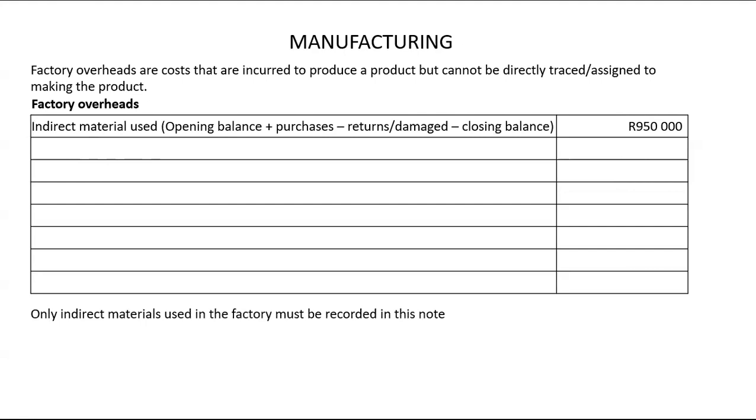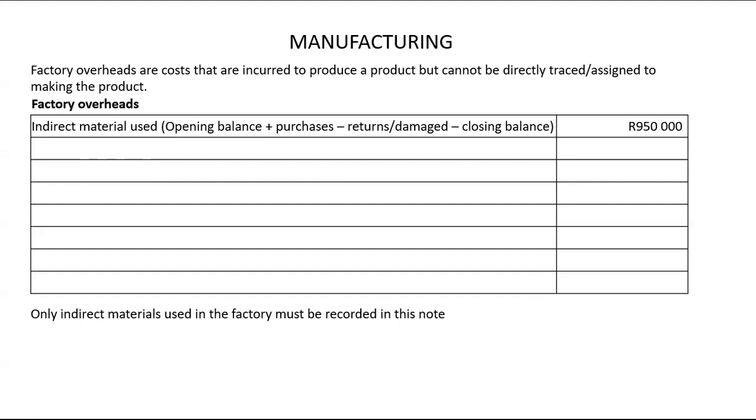Here we're only focusing on indirect material, things like your cleaning material that we use. If you're manufacturing furniture, it'll be paint, it'll be glue, it'll be nails, it'll be plastic to cover some parts of that furniture, like on the sides or on the edges, all of those. Okay, those will be indirect material.